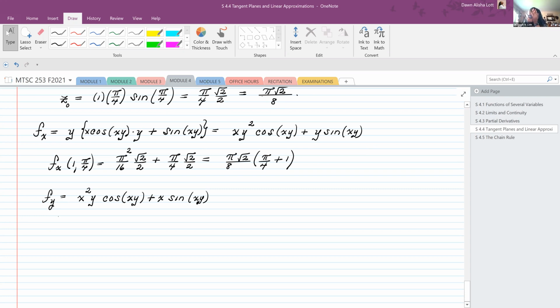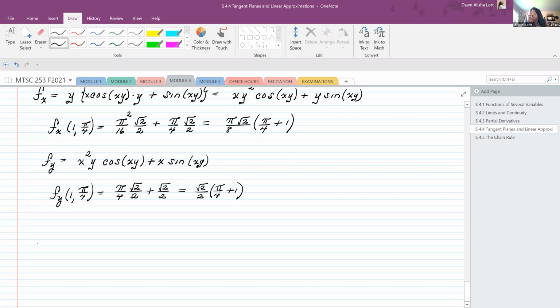Okay, so f sub y at 1, pi over 4 is going to be pi over 4 times the cosine of pi over 4, which is the root of 2 over 2, plus x, which is 1. So I'm going to get the root of 2 over 2 times pi over 4 plus 1. Okay, not cute, but that's what it is.